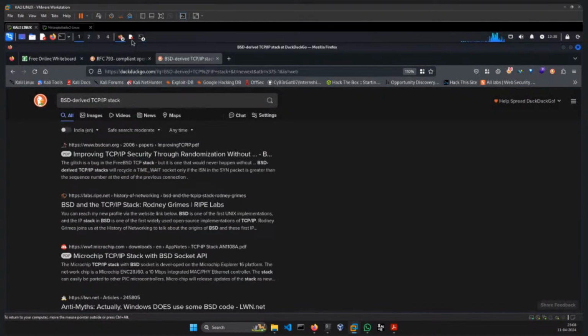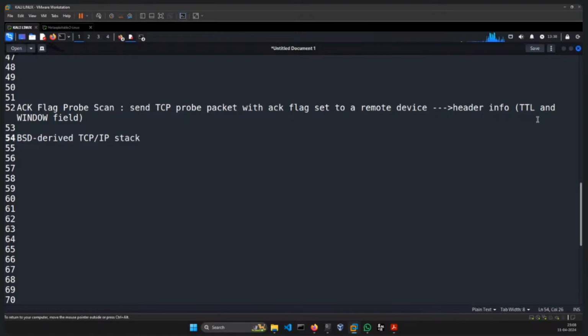Now there are two kinds of methods that I mentioned here, the TTL and the window field. One thing you have to remember is you will always examine or analyze the response, whatever response you are getting from the target. So the first one, TTL-based ACK flag probe scanning.